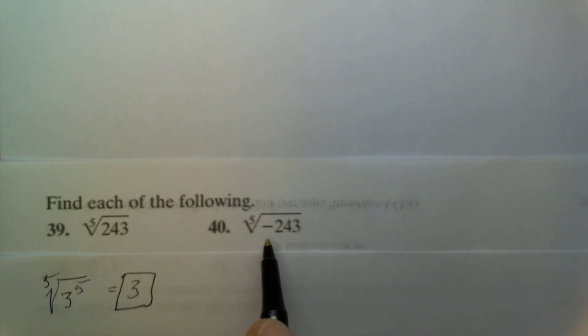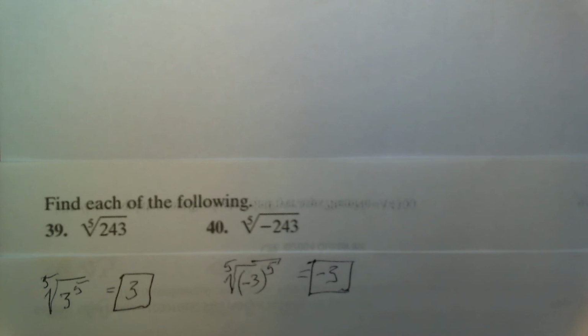Similarly, the fifth root of minus 243 would be the fifth root of minus 3 to the fifth power. And we know that that's equal to minus 3. And the fifth root of x to the fifth is simply x.